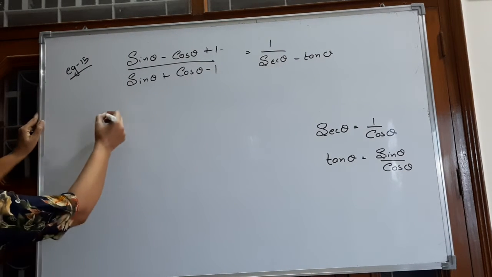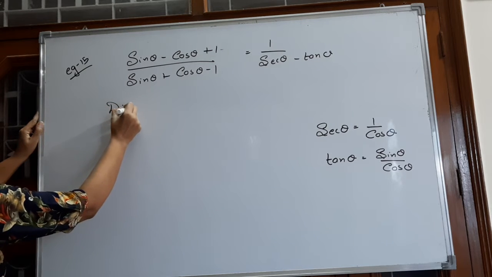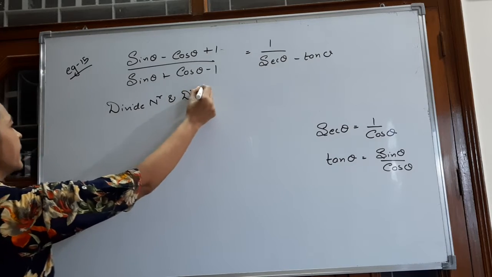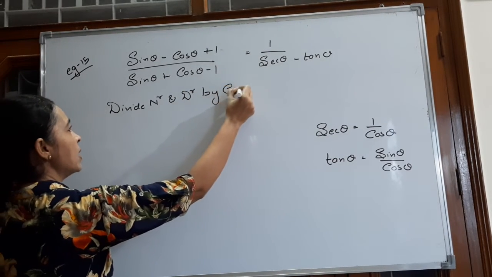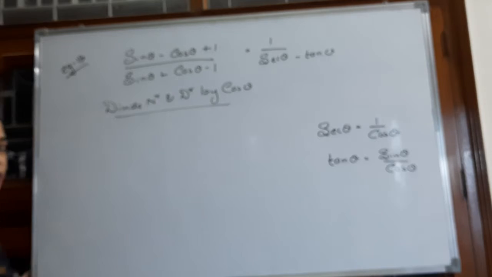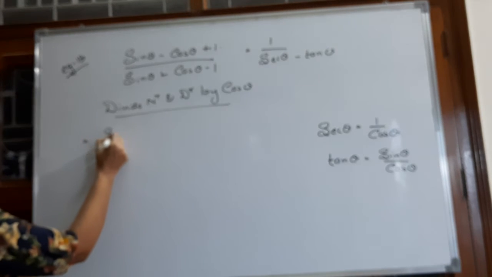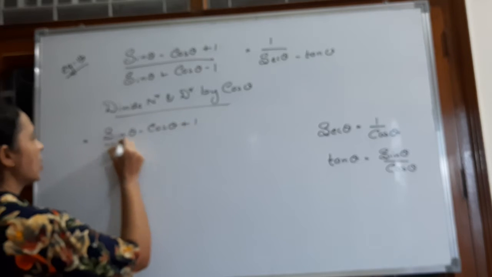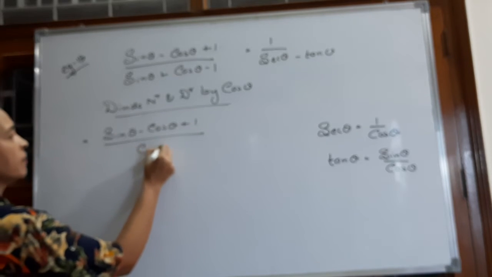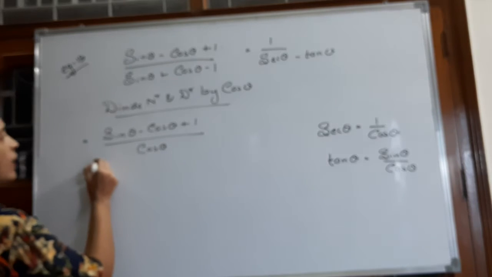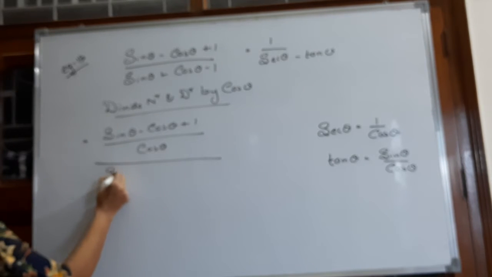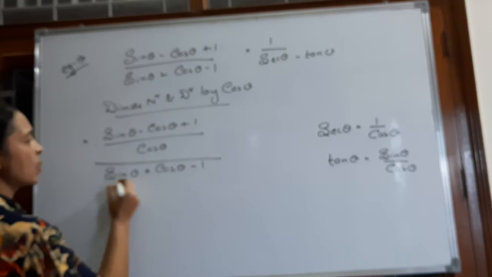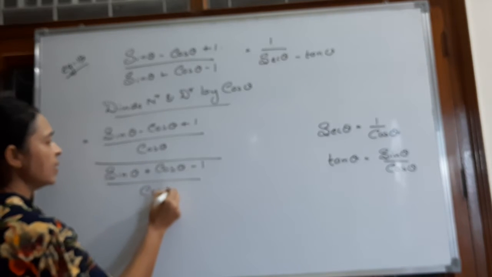What will we do? We will divide the numerator and denominator by cos theta. What will we get? We will write (sin theta minus cos theta plus 1) upon cos theta, since we are dividing the whole numerator and whole denominator by cos theta, upon (sin theta plus cos theta minus 1) upon cos theta.